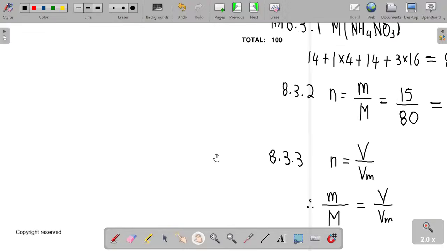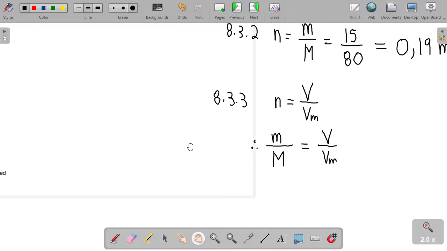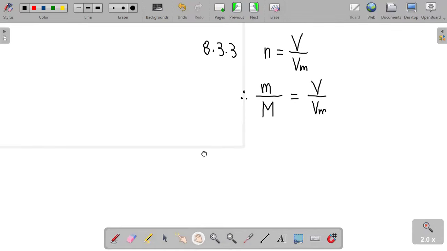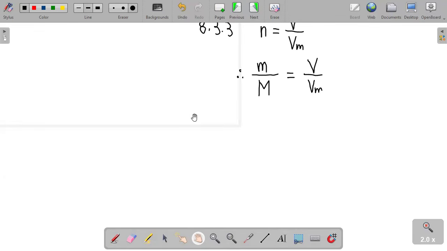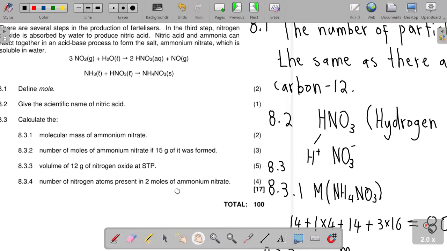And then, so nitrogen oxide, 12 grams. They gave us 12 grams. Okay. Nitrogen oxide is nitrogen and oxygen. So the mass here is going to be 12. And then the M, they say nitrogen oxide. Okay.